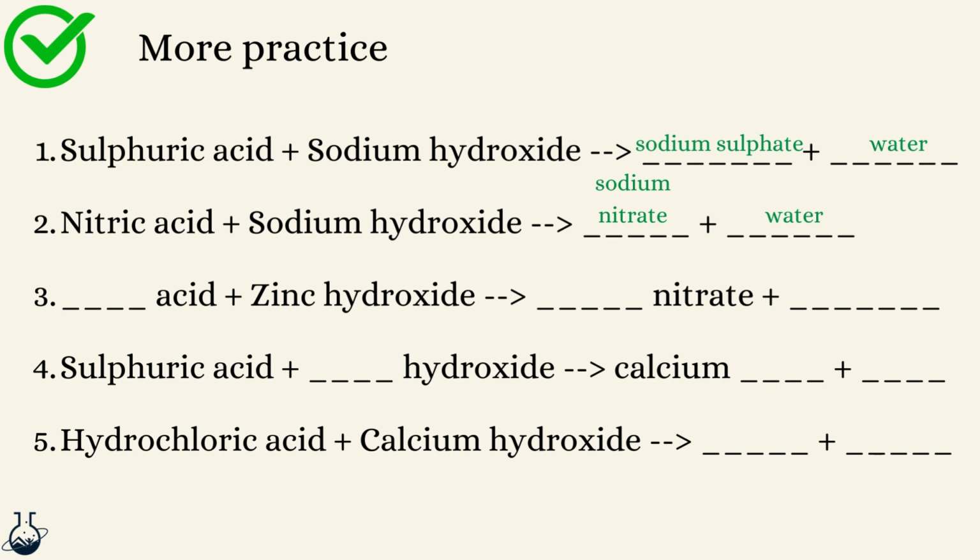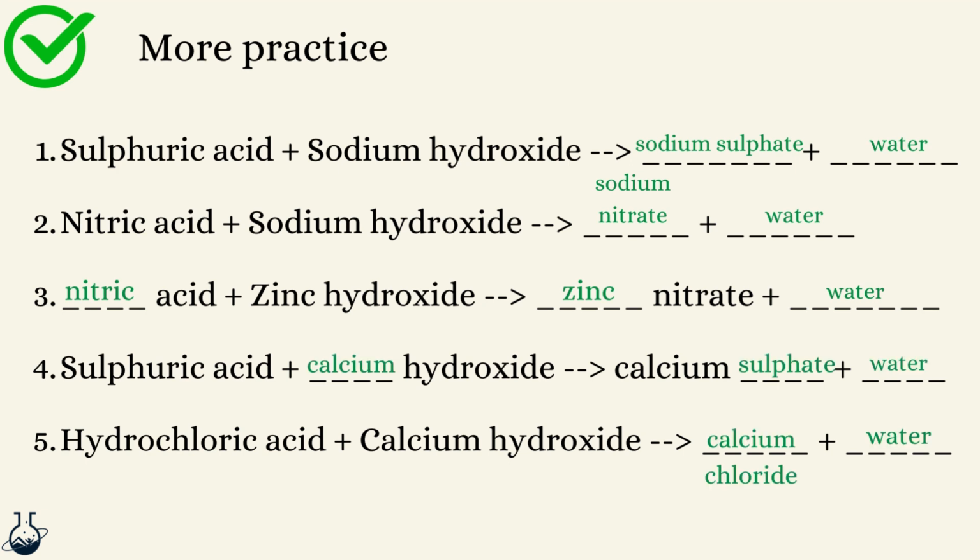Something acid plus zinc hydroxide makes something nitrate and something. Well, we have a nitrate, meaning we are using nitric acid. And this is reacting with zinc hydroxide. So the salt would be zinc nitrate, which is also followed by water. Following this same general structure, we have answers for questions 4 and 5.